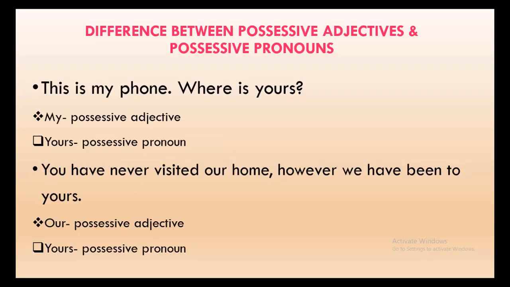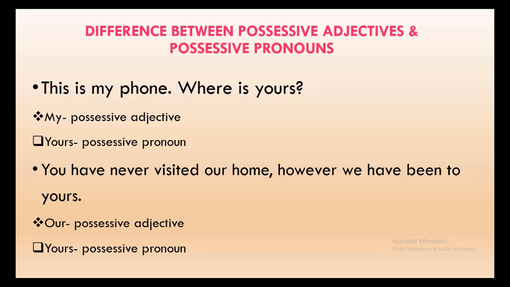This difference can be clarified by examples. So see the first example. This is my phone. Where is yours? My is a possessive adjective while yours is a possessive pronoun. Why is this so? Because my describes ownership of a noun, phone, while yours is placed here as a pronoun in place of a noun.